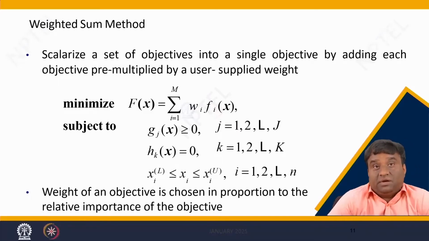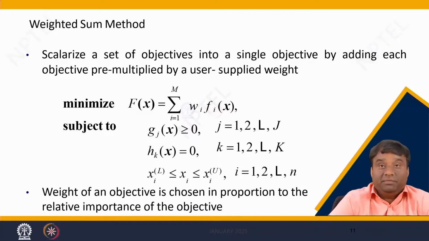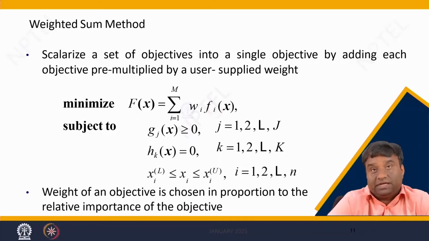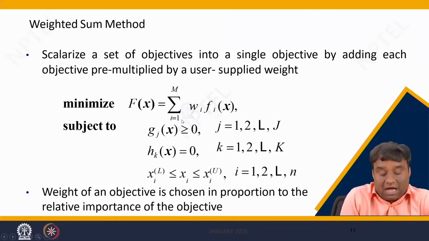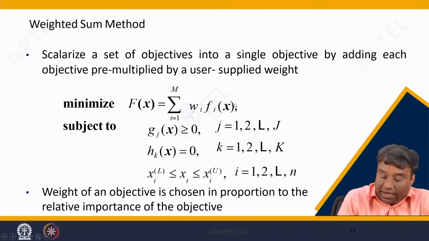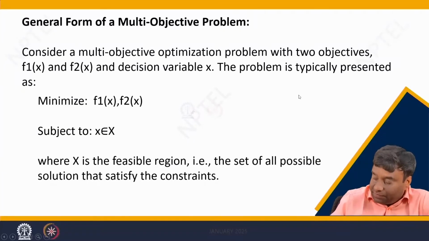So weighted sum method scalarizes a set of objectives into a single objective by adding each objective pre-multiplied by a user supplied weight. Suppose our problem is to minimize f1(x), f2(x) and so on up to fm(x). So now we minimize f(x) equal to summation i equal to 1 to m of wi fi(x), where the wi are the weights and the sum of these weights is 1.